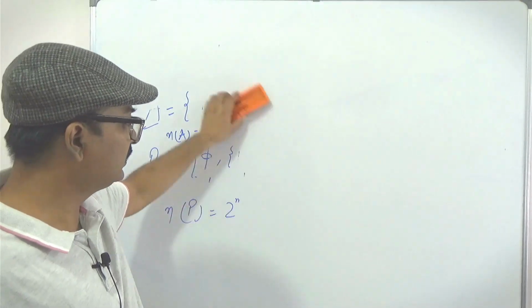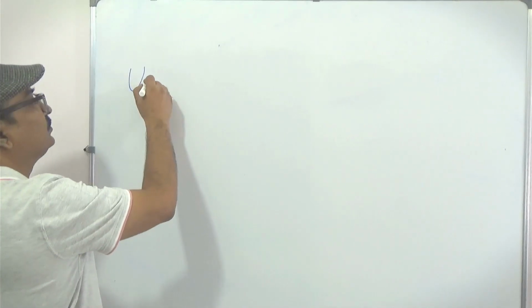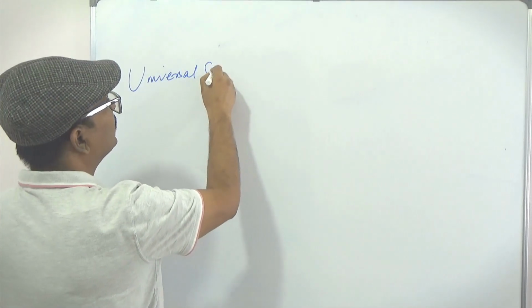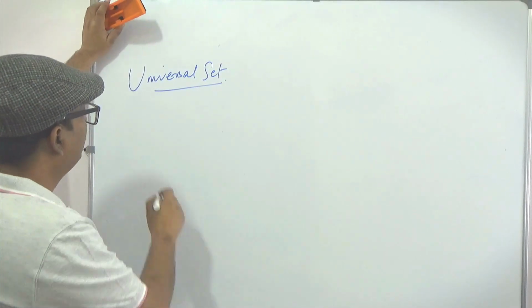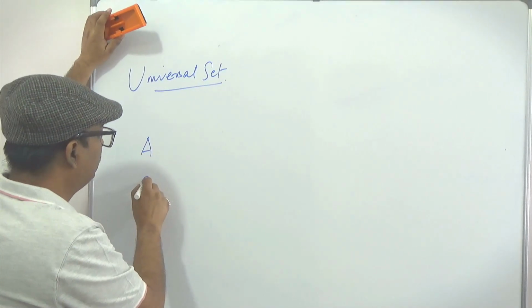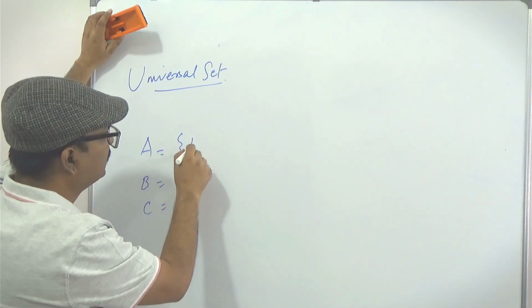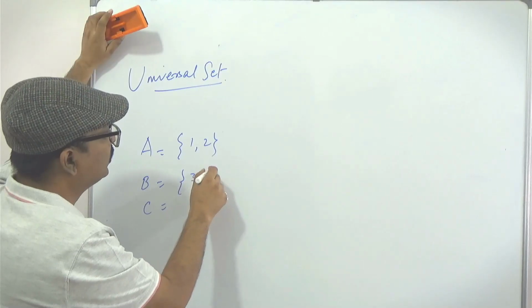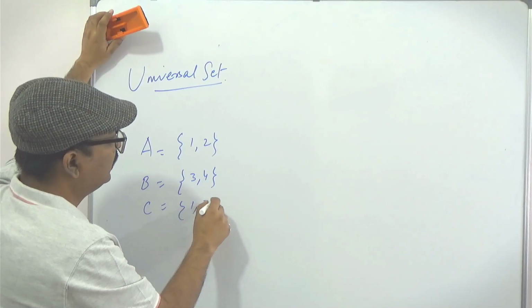Another set is the universal set. It is a very useful concept. Let's say we have 3 sets, A, B, C. Let A contain 1 and 2, B contain 3 and 4, and C contain 1, 3 and 5.